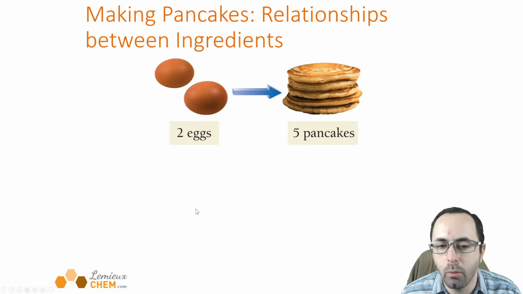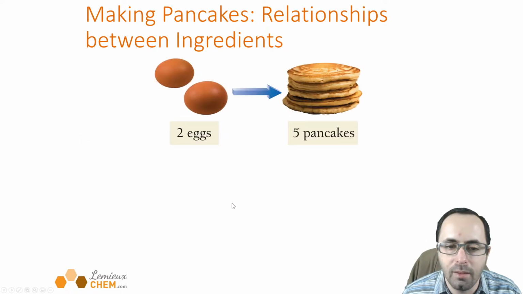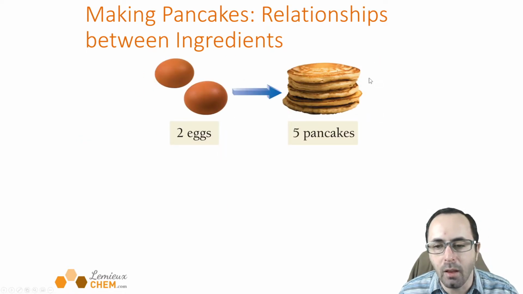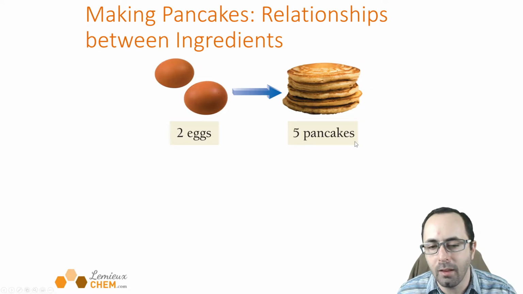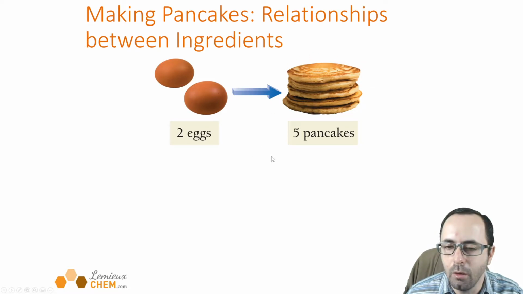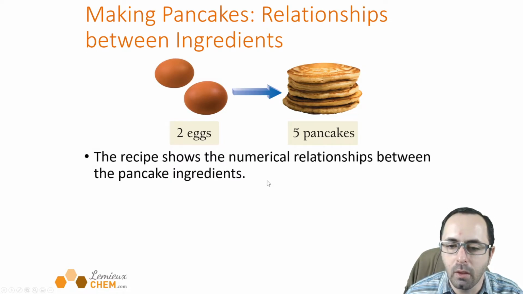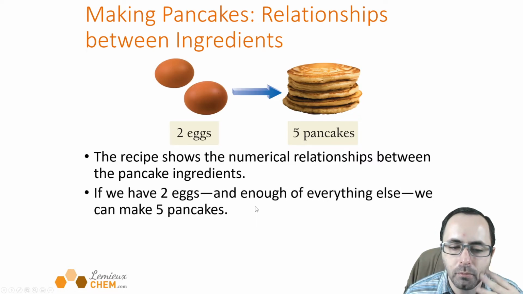If we're focusing on just eggs, we could focus on any of these, but let's say we're focusing on eggs. If we have 2 eggs and enough of everything else, that will give us 5 pancakes. So that's a relationship that we can use to figure out how many pancakes we can get from a certain number of eggs.